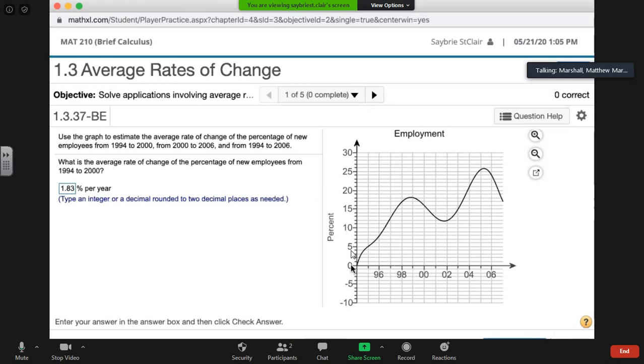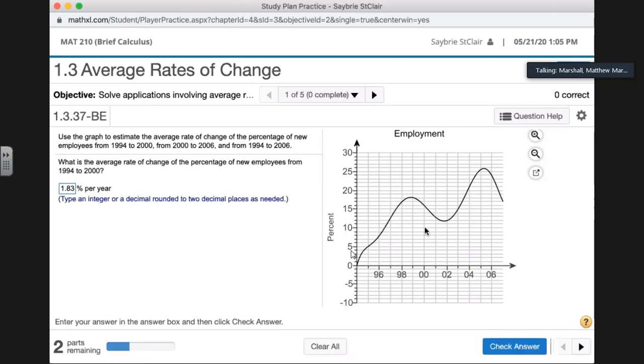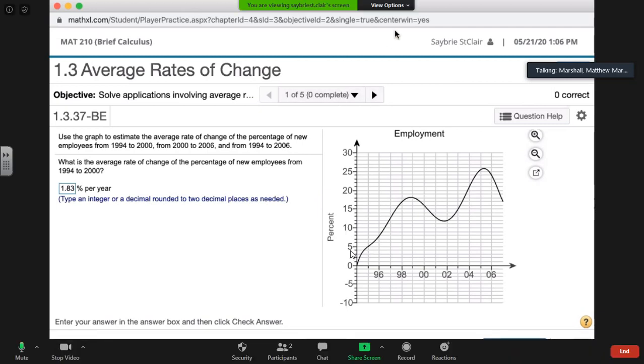So that's 0, 0, or 1994, 0. And then the other one's 2016. There we go. So that would be 16 over 6 instead.